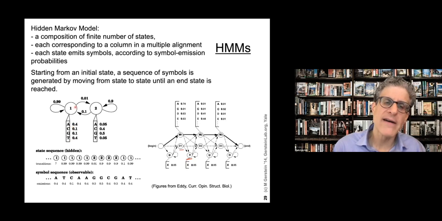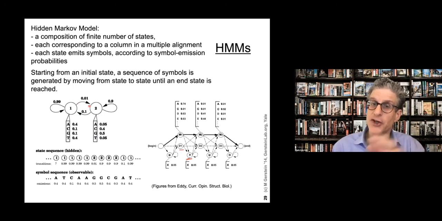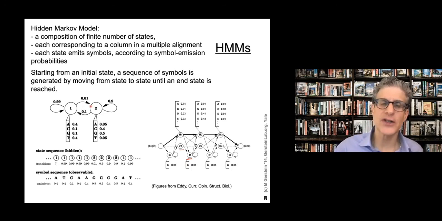But now going from one of the columns to the other is associated with a probability of transition between the 2 different states. And so this allows you to handle the gaps, insertions, and deletions in sequence very probabilistically and nicely.